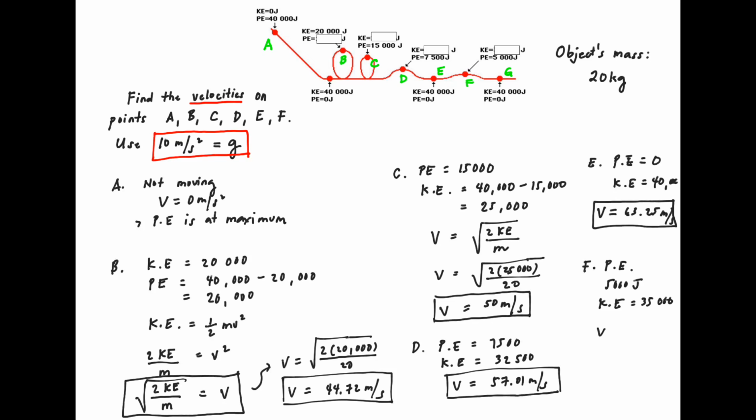Plugging it in, therefore the velocity will be equal to 59.16 meter per second. Now you have to take note that this is the general formula for getting the velocity in terms of kinetic energy. So you have to solve first for the kinetic energy, and then you can solve for the velocity.